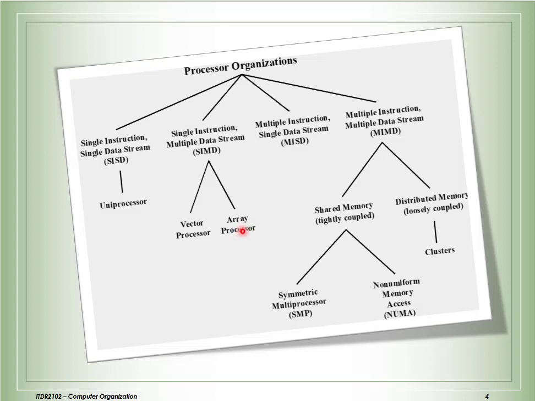Pipelining is the arrangement of hardware elements of the CPU so that its overall performance can be increased. So pipelining can be used or not used in an array processor. Array processing is faster than vector, but vector processing is cheaper and less expensive than array processing.